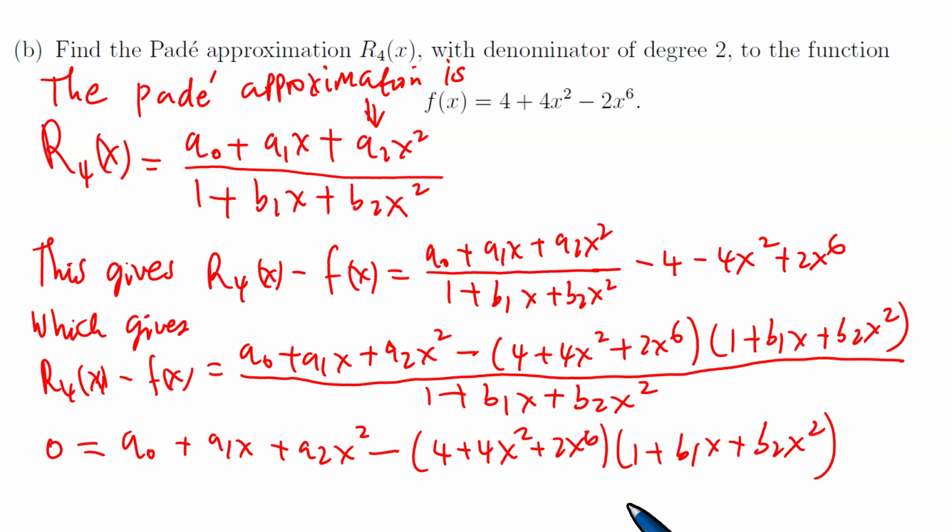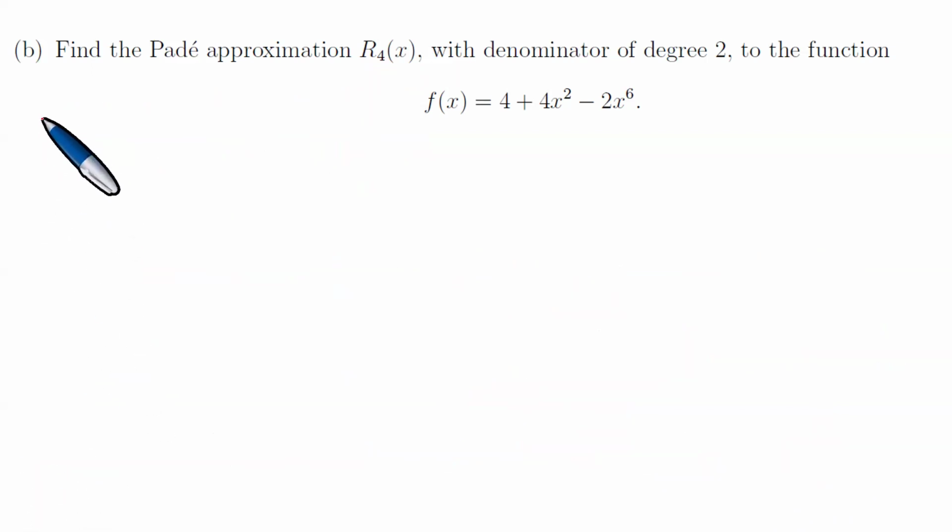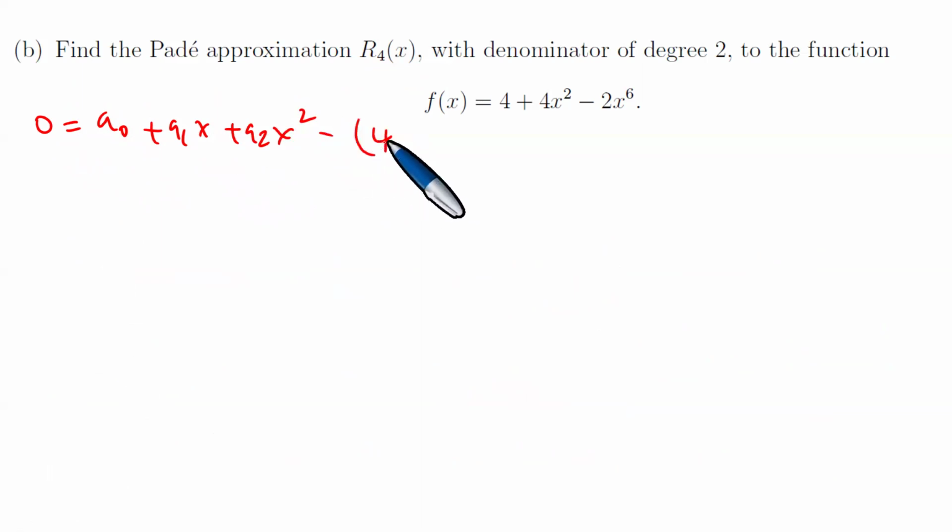We therefore proceed to then say at this point, we need to carry this forward. So we proceed to then say, we therefore have that 0 is A0 plus A1x plus A2x squared minus (4 plus 4x squared minus 2x to the 6th power).